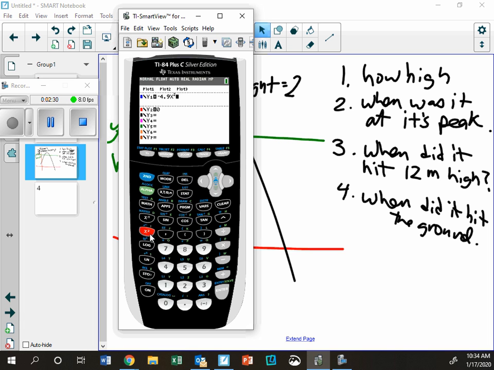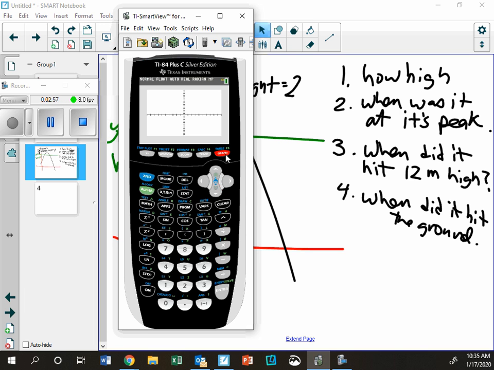And then I'd say plus 30. Notice I had to arrow over to get to that plus 30. And then x. Plus 2. Cool. Then the first question I asked was, what's the highest that it goes? I don't really need this y equals 0, but it won't hurt to have it there. That's like the x-axis. I'm going to hit graph.